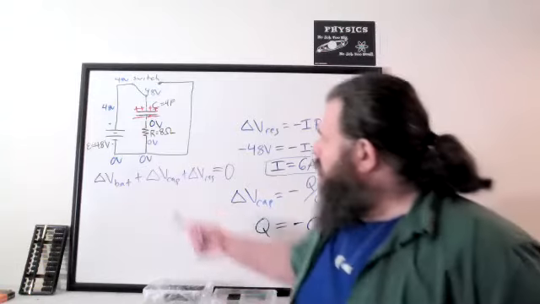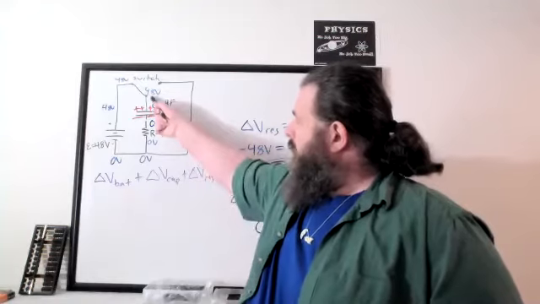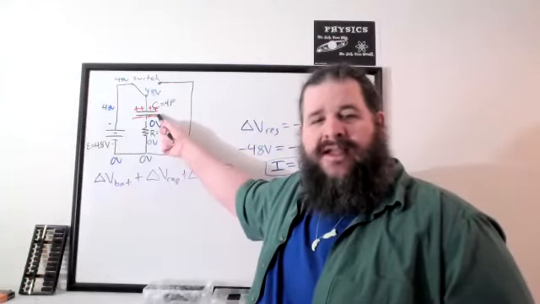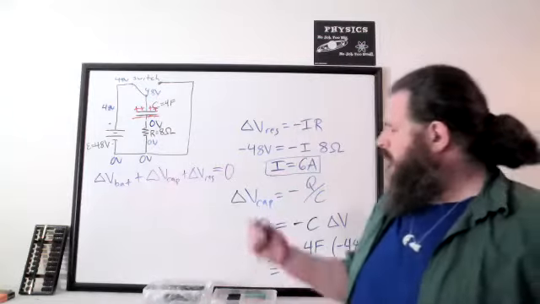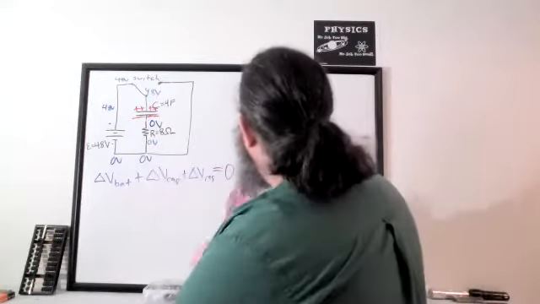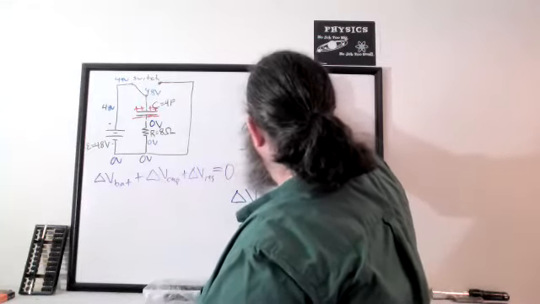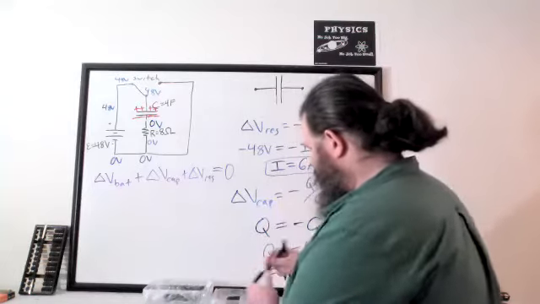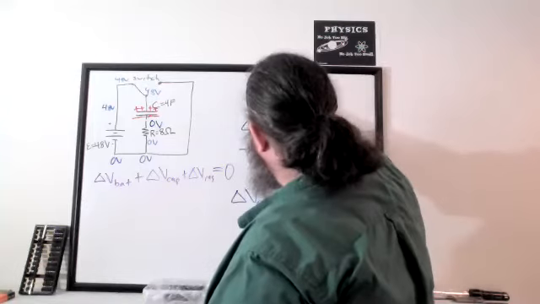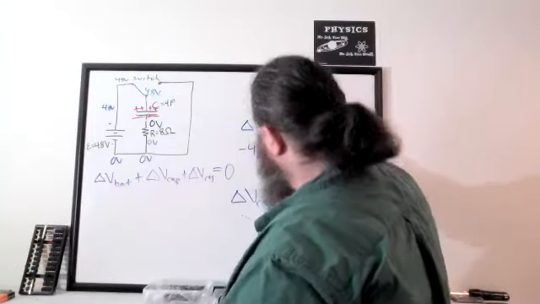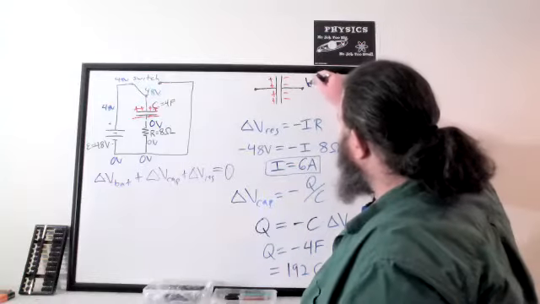But also in general for a capacitor, the plate that has positive charge is going to be associated with higher voltage. The plate that has negative charge will be associated with lower voltage. So anytime you've got a capacitor that has charge on it, let's say you've got positive charge on one side, negative charge on the other side. The plate with negative charge will be at low voltage.